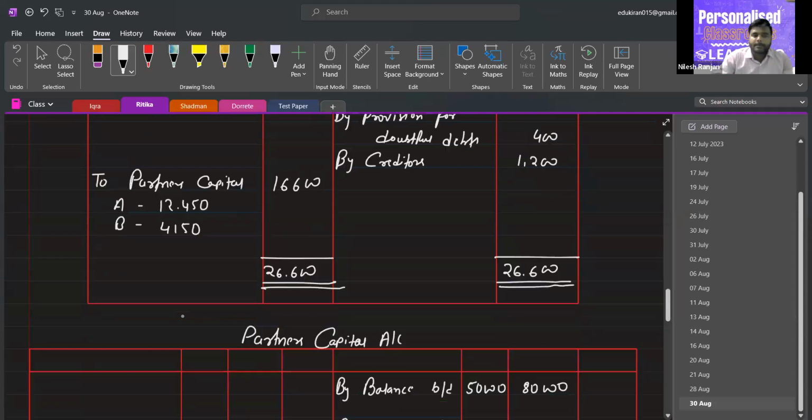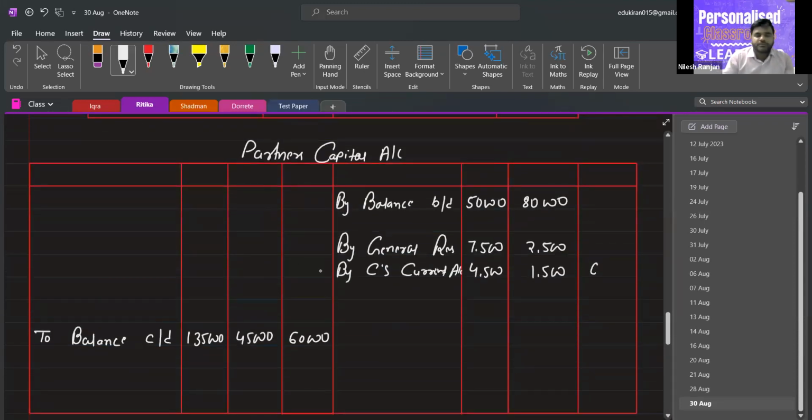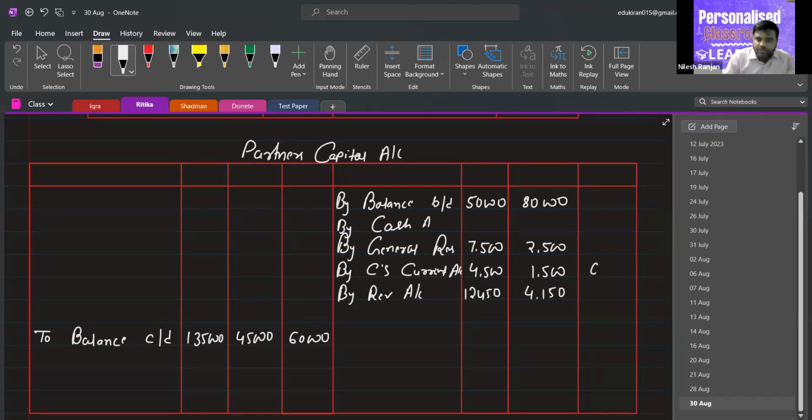Okay. So by revaluation, 12,450 and 4,150. Now, C is bringing cash for his capital. So by cash account, 60,000. Is there anything else that we have to adjust in the capital account?